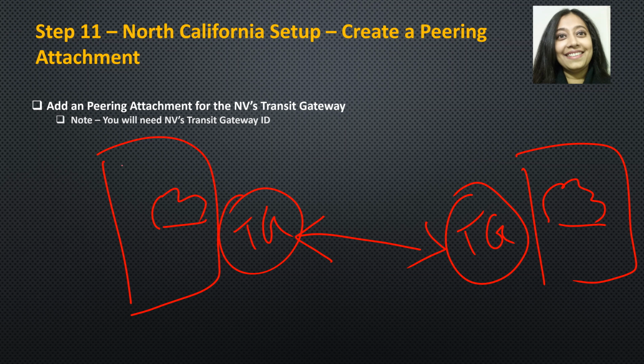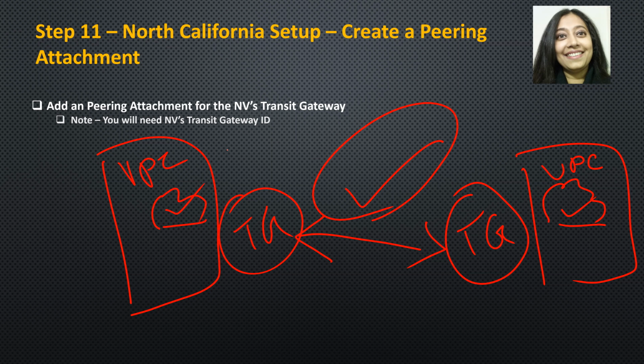But for these VPCs to communicate, remember they are not peered. That's why you need the transit gateways to communicate. So once the transit gateway communication is set up, these VPCs that are not peered with each other will be able to communicate with each other.